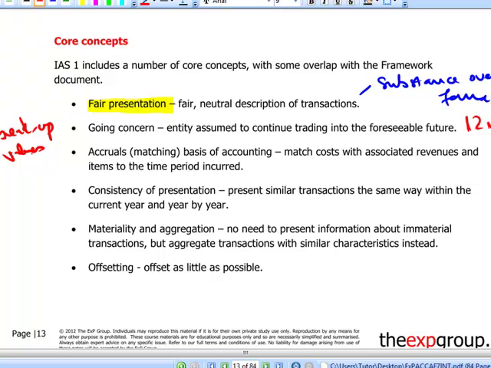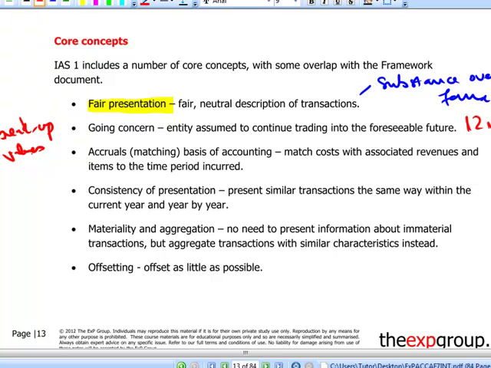And we will learn how we should maintain this requirement, even if we are forced, for instance, to change our accounting policies. Materiality and aggregation: each material class of similar items should be presented separately in the financial statements.